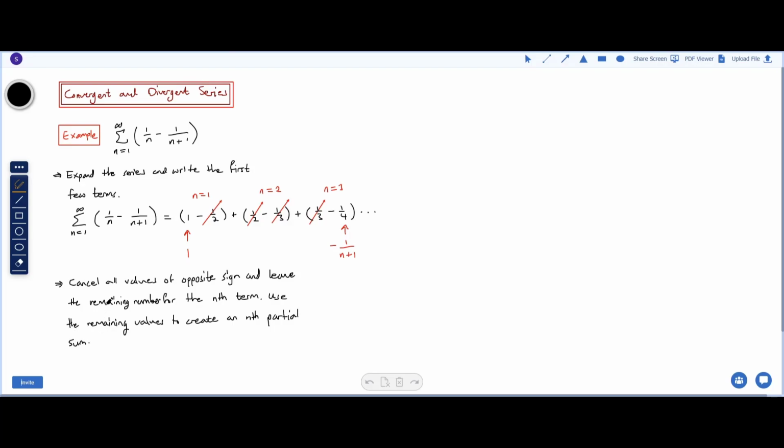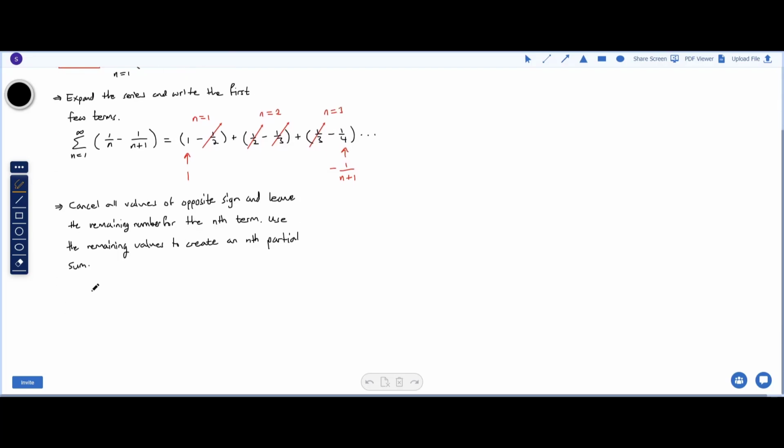Right, so these partial sums are not always going to have the same patterns. But the idea is that you're combining terms that cancel out and make 0 and leaving the remaining terms, right? And then you're rewriting those remaining terms using a general formula, right? And that formula is the nth partial sum.